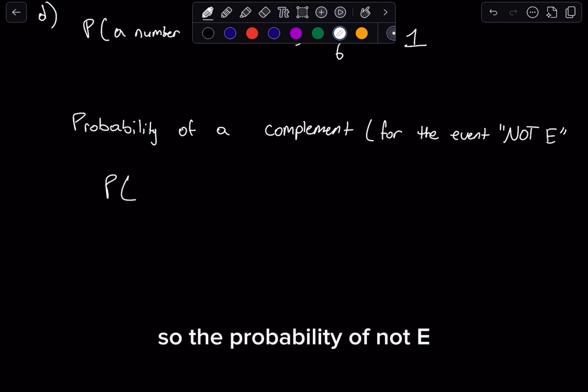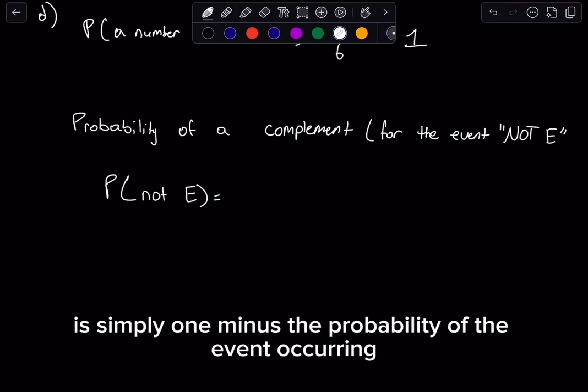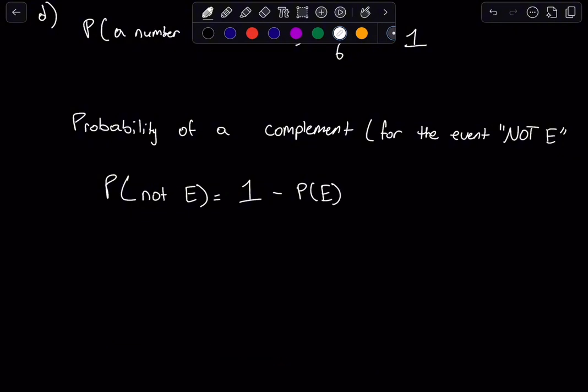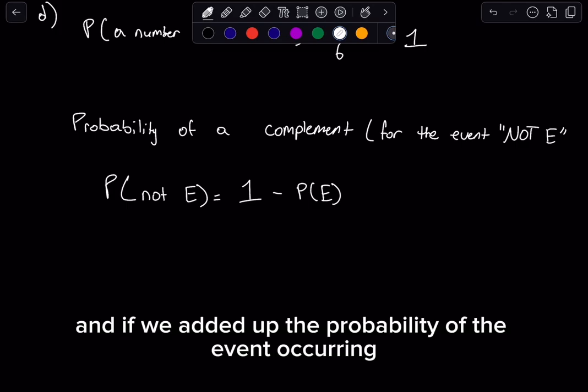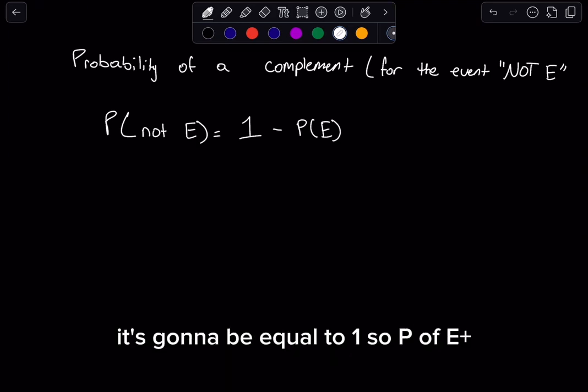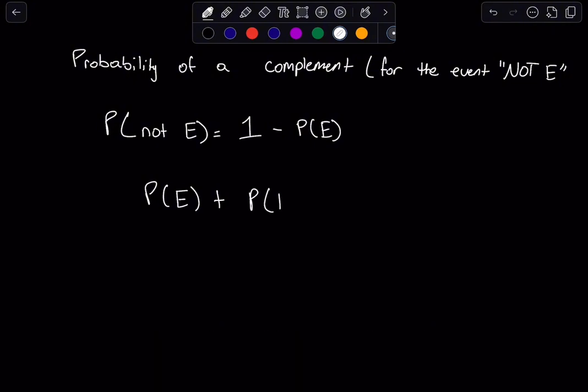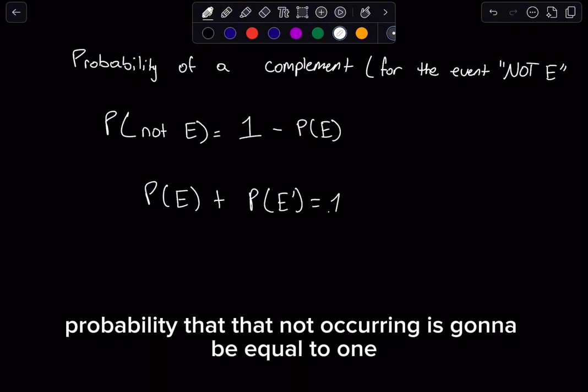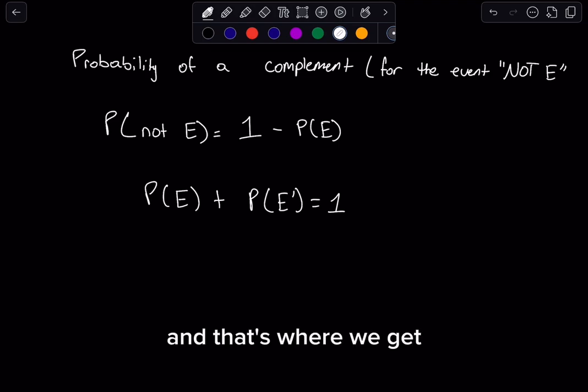So the probability of not E is simply 1 minus the probability of the event occurring. And if we added up the probability of the event occurring and the probability of the event not occurring, it's going to be equal to 1. So P of E plus the probability of the event not occurring is going to be equal to 1. And that's where we get this formula from. So let's do an example.